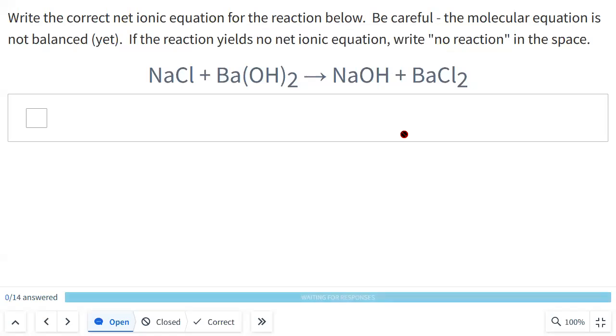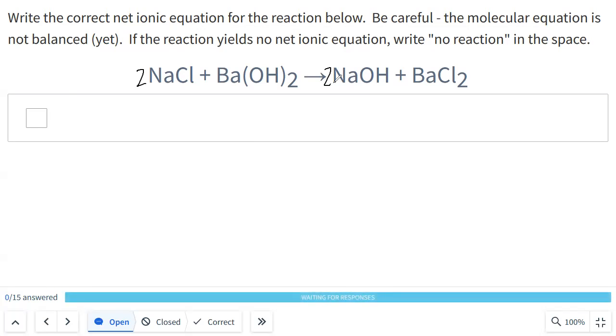All right, let's try this one on. We've got sodium chloride reacting with barium hydroxide to make sodium hydroxide and barium chloride. Now, this equation is not currently balanced, but with just a little bit of manipulation, we can balance it pretty easily.